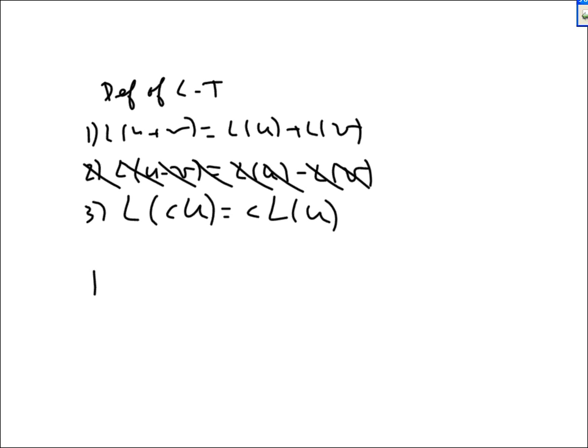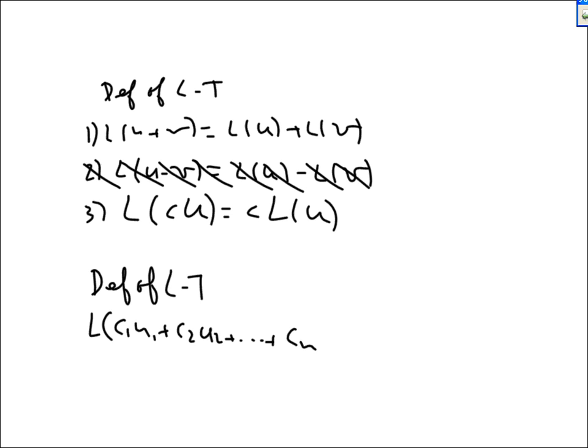The greatest definition of linear transformation would be, yes, L is a mapping from Rm into Rn that satisfies L of C1U1 plus C2U2 all the way down to CnUn is equal to C1 L of U1 plus C2 L of U2 all the way down to Cn L of Un.